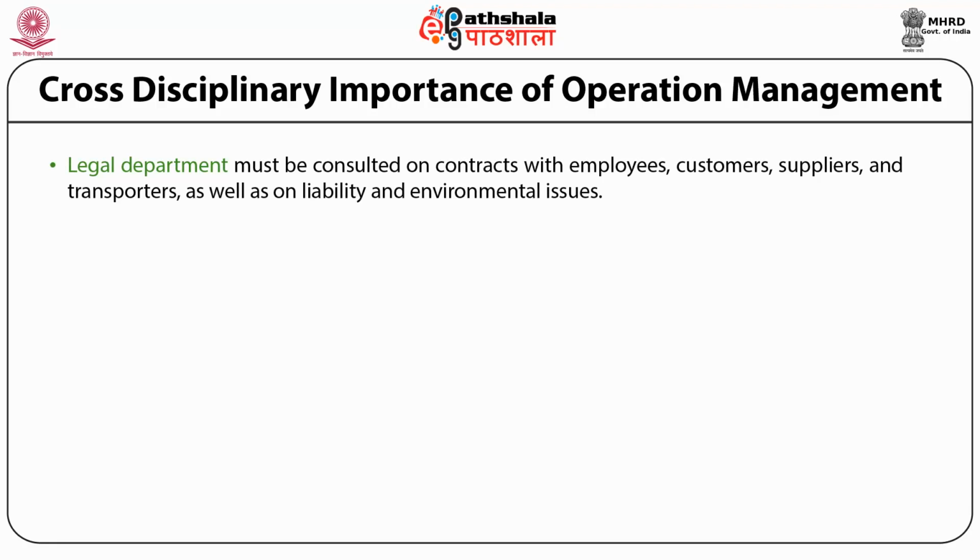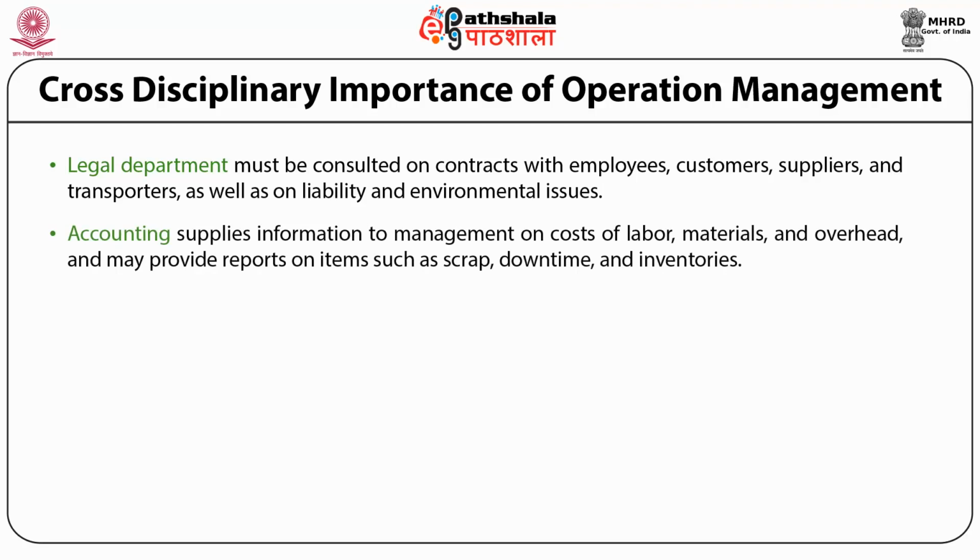The legal department must be consulted or contracted with employees, customers, suppliers, transporters, as well as on liability and environmental issues. Accounting supplies information to managers on cost of labor, materials, and overheads, and may provide reports on items such as scrap, downtime, and inventories.